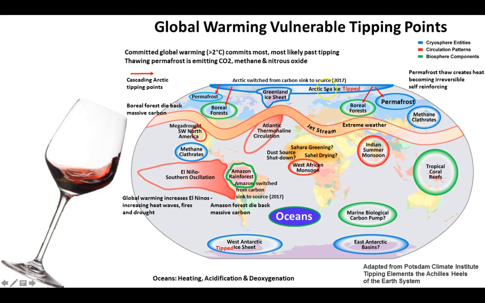And so the Arctic sea ice and the Western Antarctic ice sheet are both listed as tipped here, and a bunch of these other ones potentially could be near their tipping point. So there is a major area of research trying to take statistics from these systems and determine if they're getting closer and closer to their tipping point. There's this thing called critical slowing down.